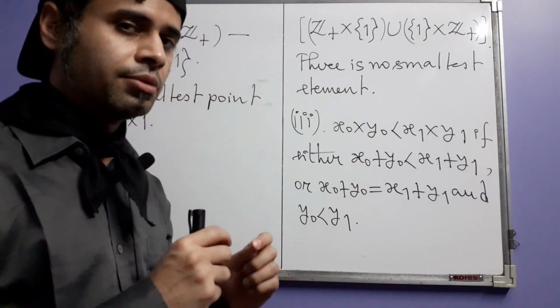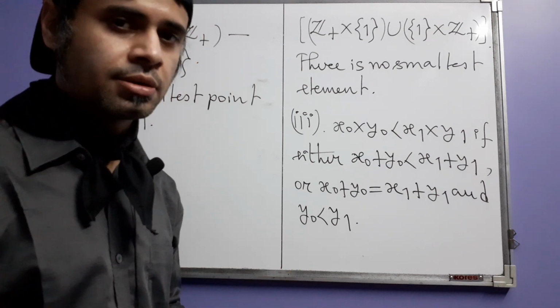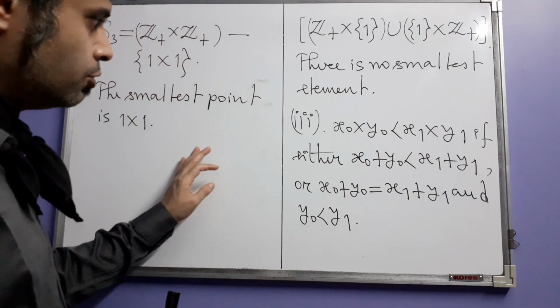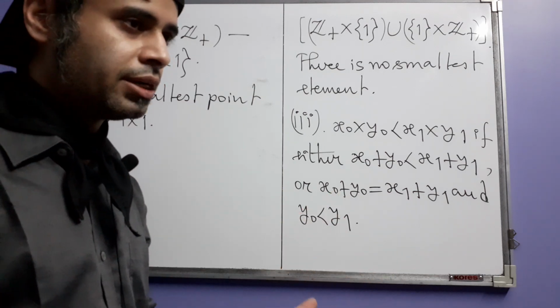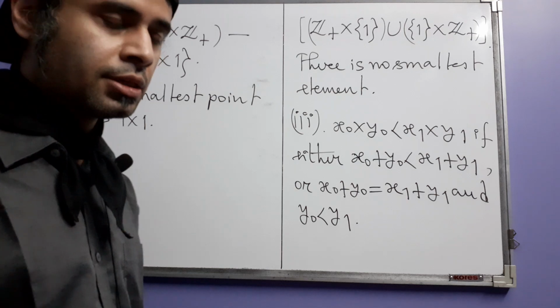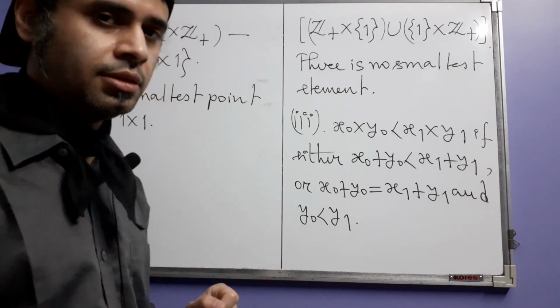Now you have to write this rigorously and do understand that you cannot simply draw some figures and say, oh, that's why we got this. You have to justify everything.